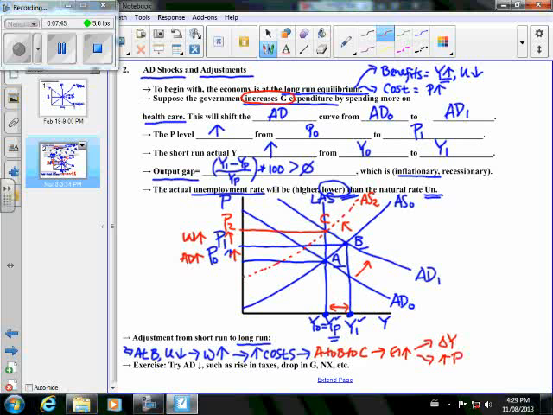Does this make any sense? Remember, potential GDP reflects the productivity of Canada. How many workers we have, what is our labor force, what kind of technology we have, what kind of capital stock we have. Increase in government expenditure is something artificial.